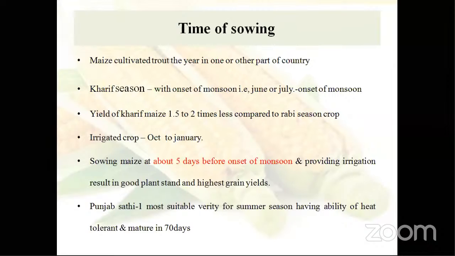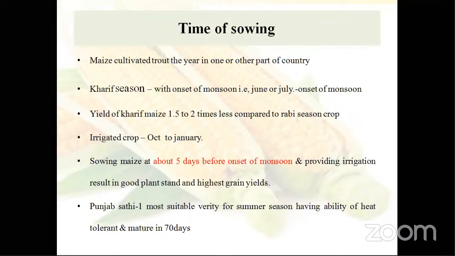Then coming to irrigated crop, the Rabi crop is generally sown from October to January. Sowing maize about 5 days before onset of monsoon and providing irrigation results in good plant stand and highest grain yields.